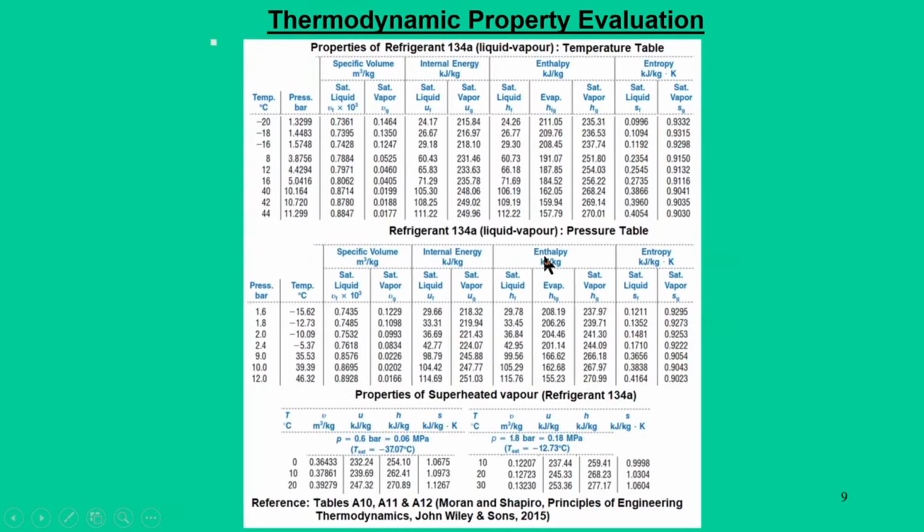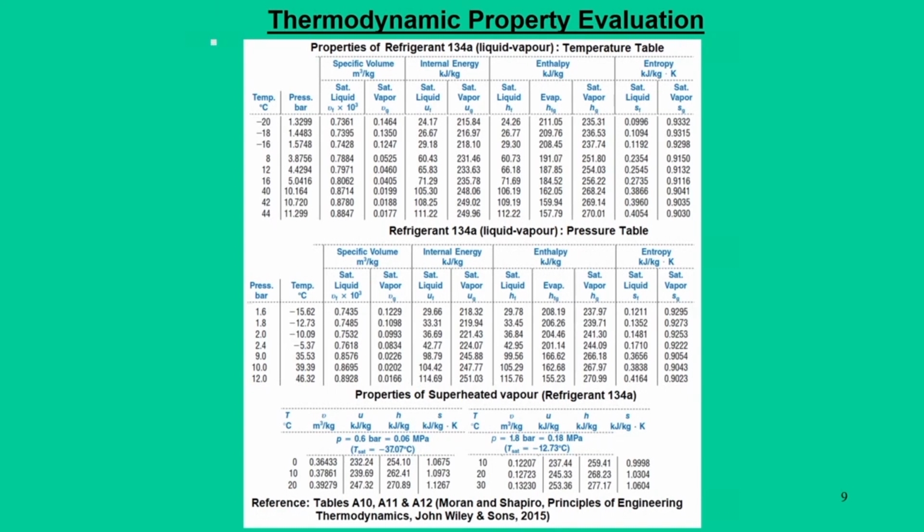And here there is another way that we can evaluate the thermodynamic properties for refrigerants. Normally, when you deal with steam tables, water is taken as the working fluid, used mainly in steam power plants to look at thermodynamic properties.